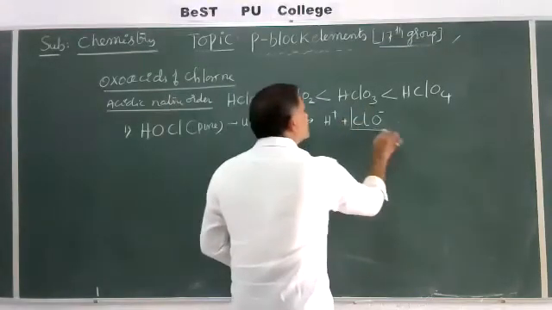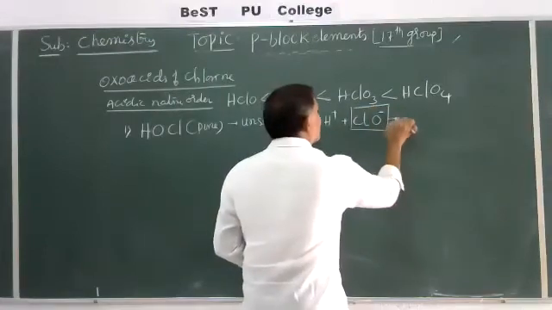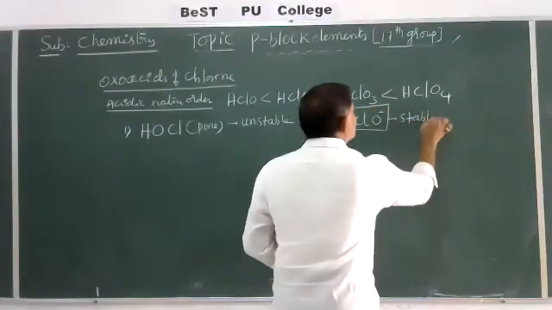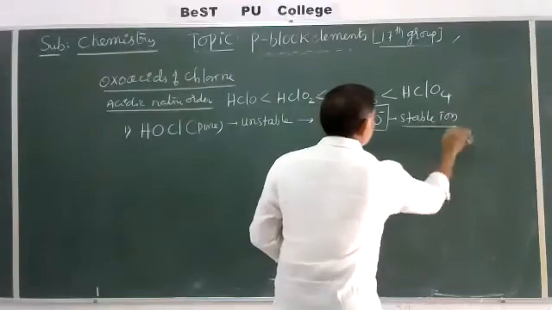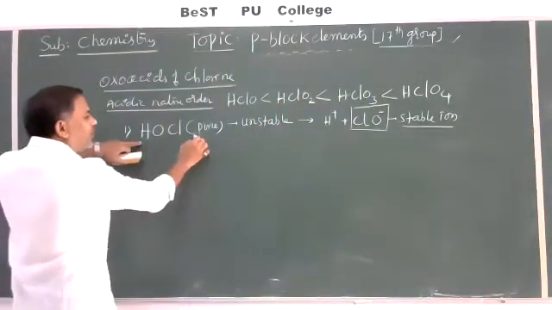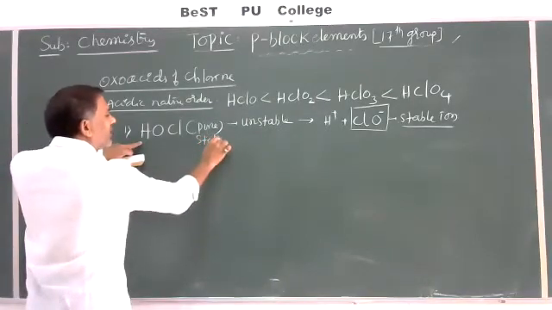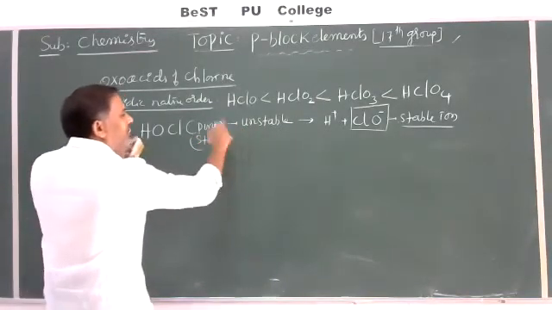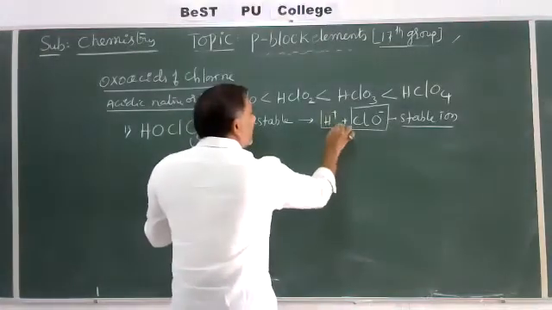Now this is a stable ion. Means in pure state HOCl is not stable, it is unstable, easy to dissociate, it gives H plus ion.